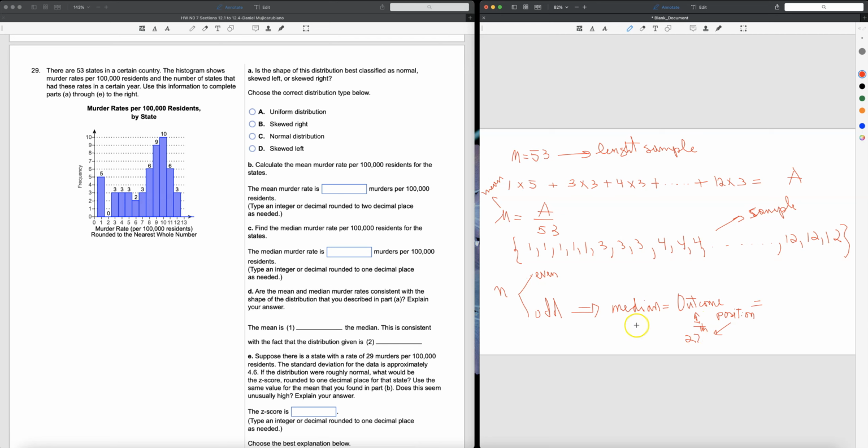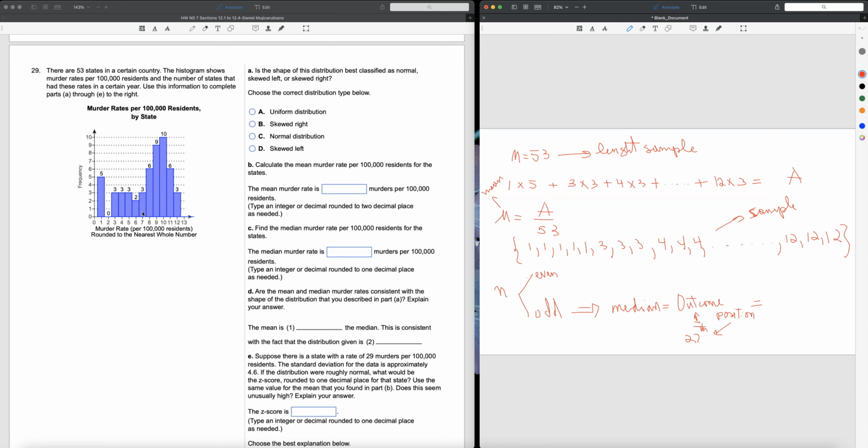But if you didn't make it, what we can do is count here the frequencies and look for which value in the outcome we get to 27. So let's go. This is 5 plus 9, which is 14. So up to this outcome, we have 14 positions. Then we have 14 plus 5, which is 24. We have not covered that position yet.